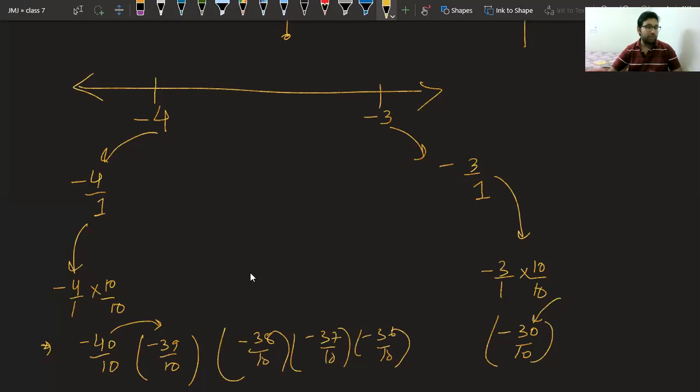So Riyan, it is wrong, beta. You should not take minus 3 on the left-hand side, because minus 3 is a larger number. It should come on the right-hand side, and minus 4 should come on the left-hand side. Yes, if you multiply with 10, you will have 9 values in between. If you multiply with 100, you will have 99 values.